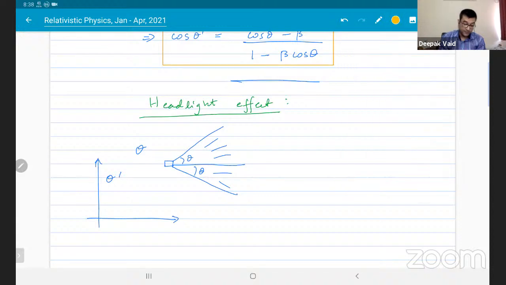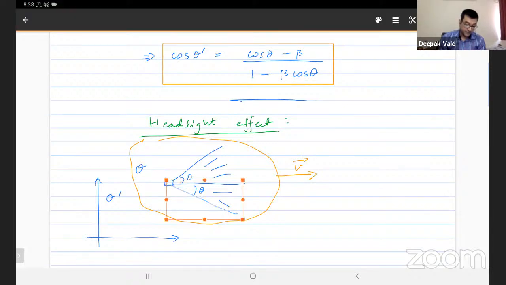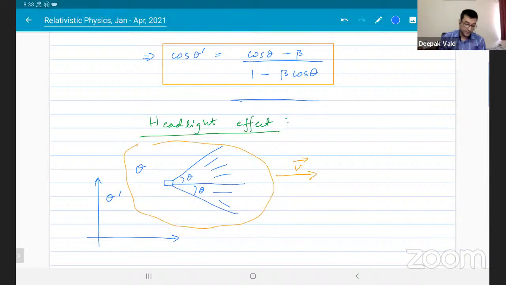With respect to O prime, O is moving, boosted with some velocity V, right? So what is the apparent angle of this beam of light as seen by O prime? And we can take this light source to be at rest in the O prime frame of reference.